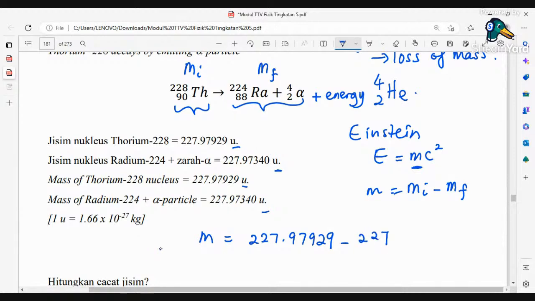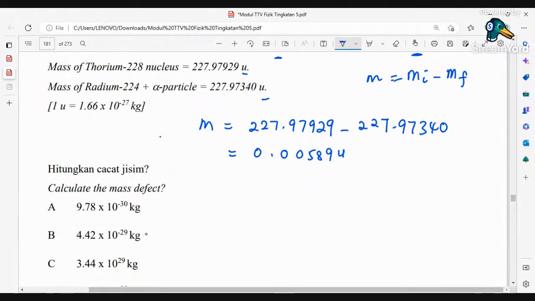So 227.97340 U. Okay, so what we get here? 0.00589 U.